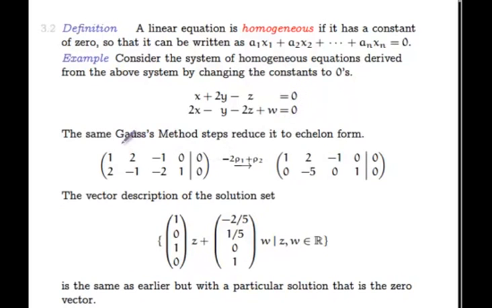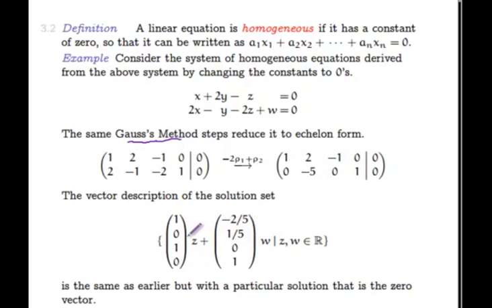I can apply Gauss's method to this system. If I do so, I get a system like this, and you can work out that the solution to this system is in fact this combination of vectors which is parameterized by z and w.